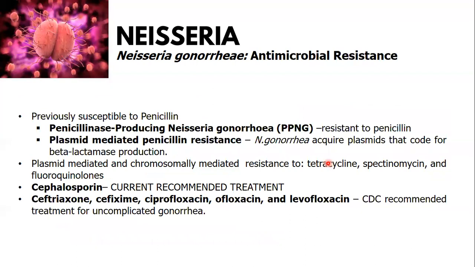So in terms of antimicrobial resistance, take note that previously Neisseria gonorrhoeae was treated with penicillin. It is actually the standard treatment used to treat Neisseria gonorrhoeae. However, with the emergence of penicillinase producing Neisseria gonorrhoeae, or those Neisseria gonorrhoeae that are able to produce beta-lactamase, they have now become resistant to penicillin, and take note that penicillins are no longer used as a routine treatment method for Neisseria gonorrhoeae.